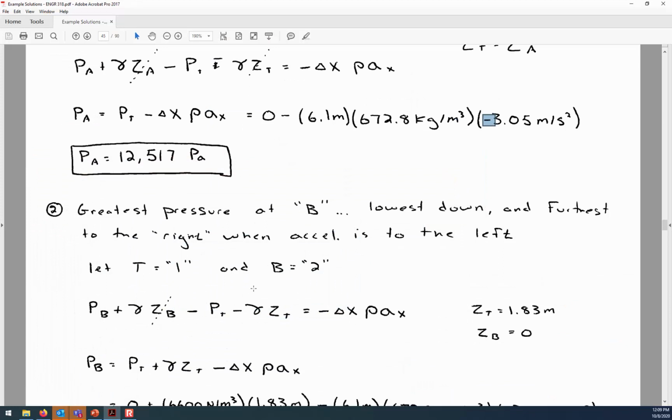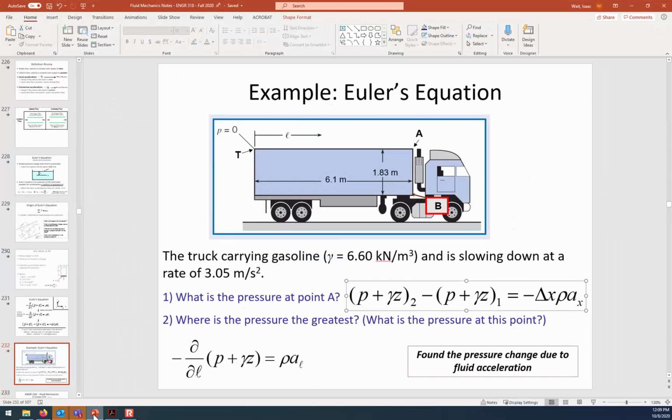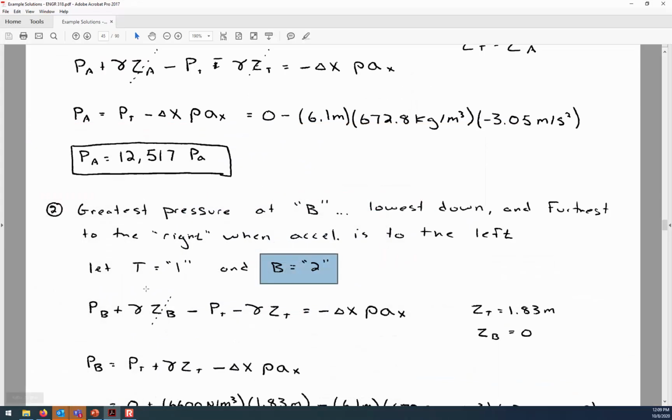So the greatest pressure is at location B, and I'm saying T is the one that's furthest to the left, B is the one that's the furthest to the right. And so you can see I'm assuming that the bottom of the tank is my elevation datum. So I'm saying let's measure our elevation starting from the bottom of the tank, and that is why I've canceled out this Z sub B term, because it's 0.